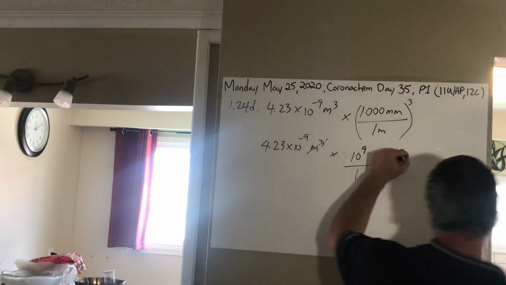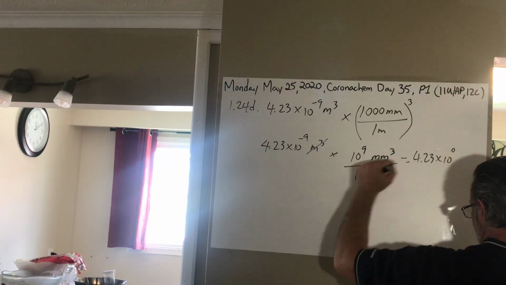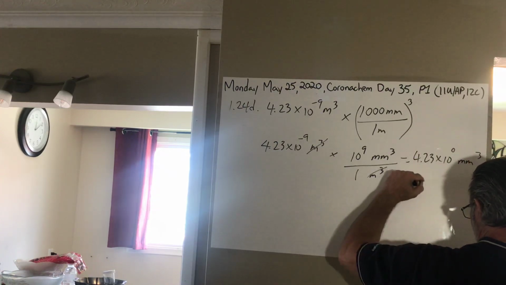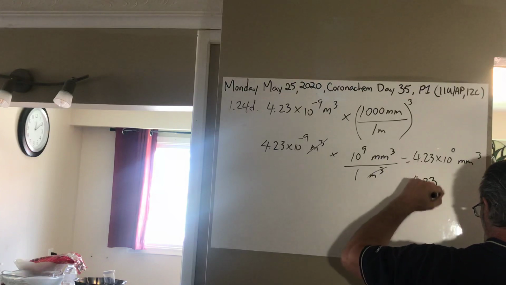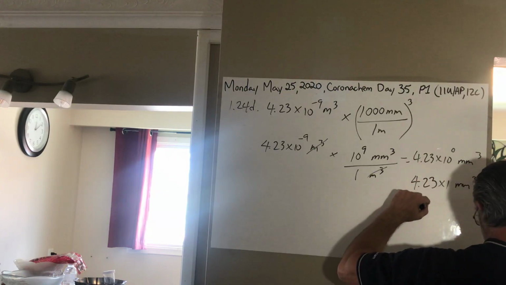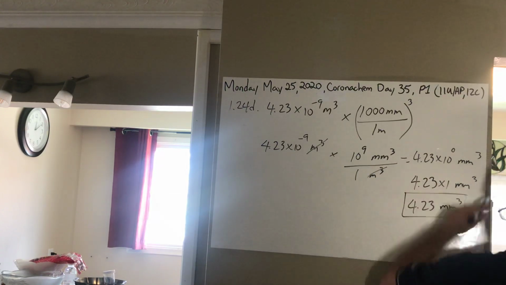So the answer ends up being 4.23 times 10 to the power of 0 millimeters cubed. So that's 1. So your final answer is 4.23 times 1, and that means your final answer is 4.23 millimeters cubed.